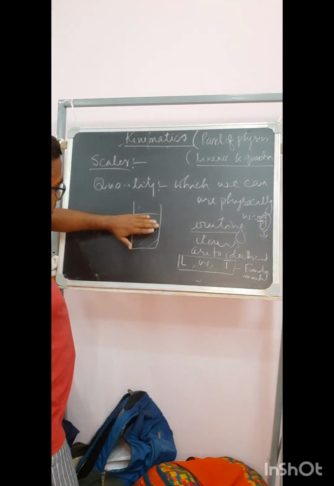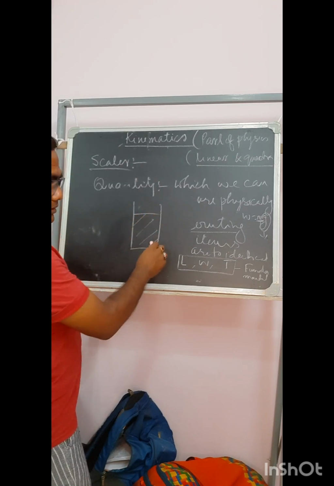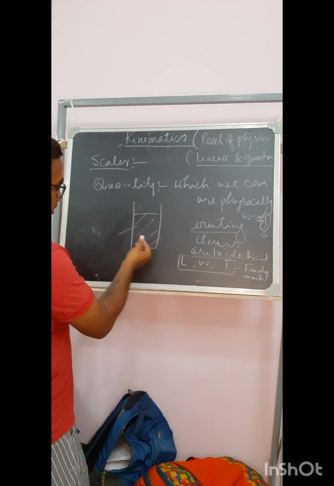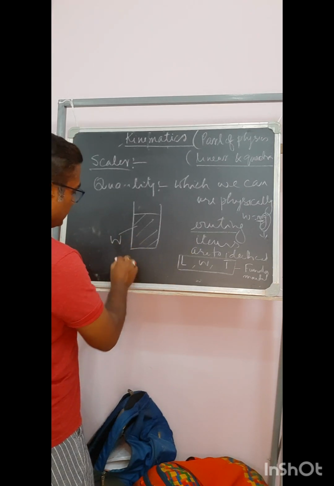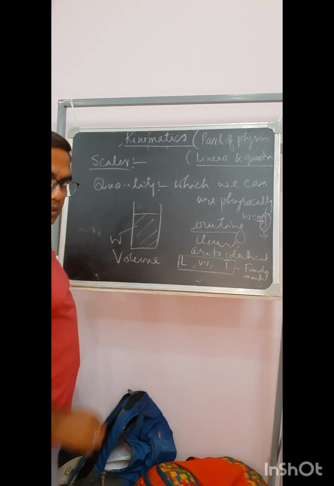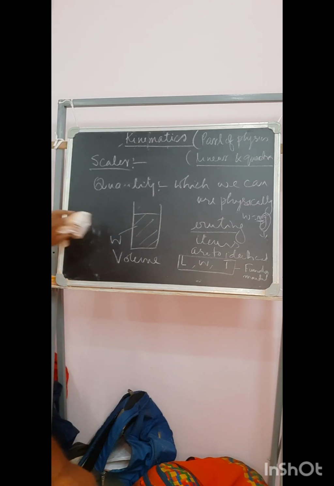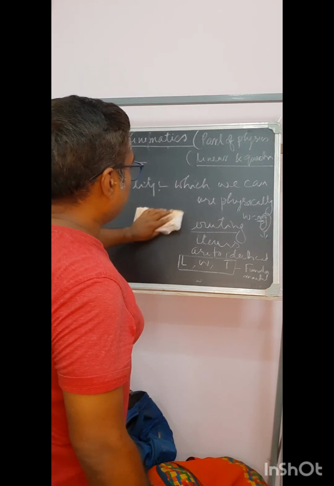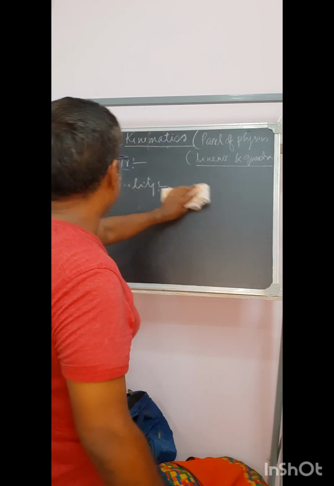So if I consider this as milk, I can quantify it: one thing is that milk also has a weight, I can consider weight, and I can consider volume also. By that I can measure. So this is a physical quantity. Whatever is measurable is a quantity. So I think quantity is well understood.